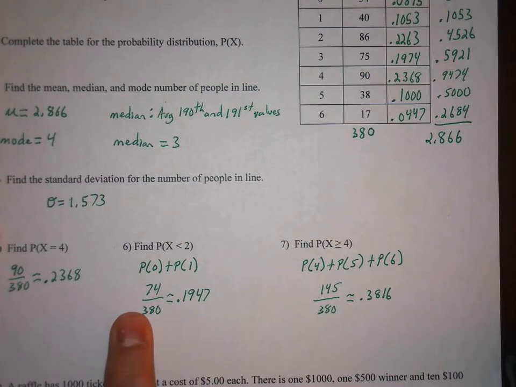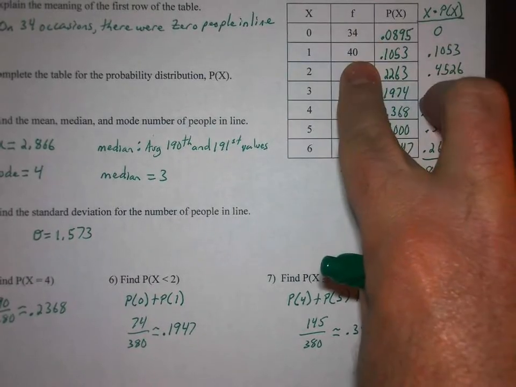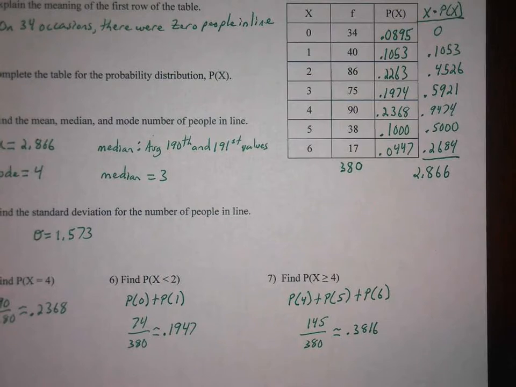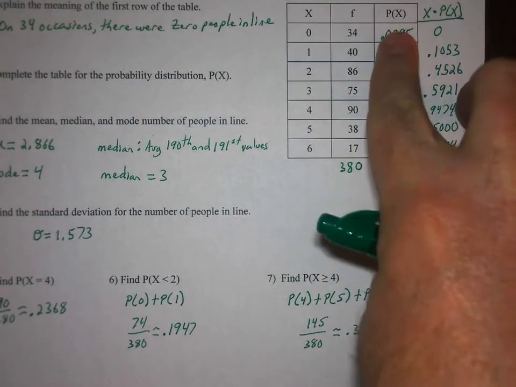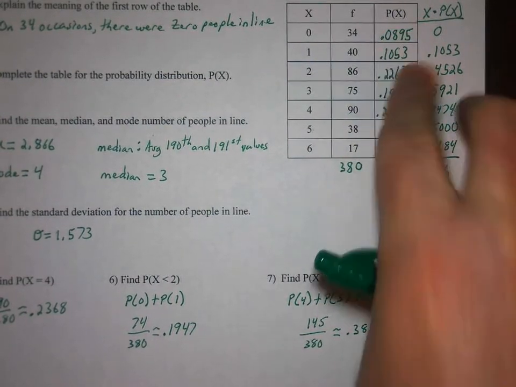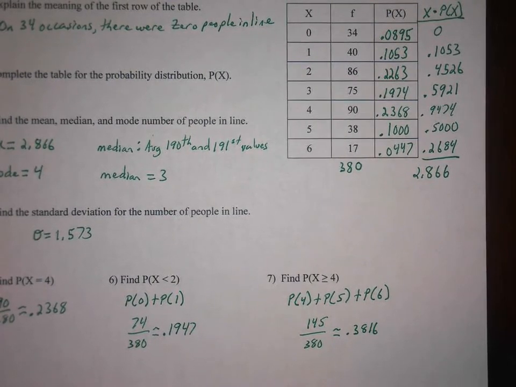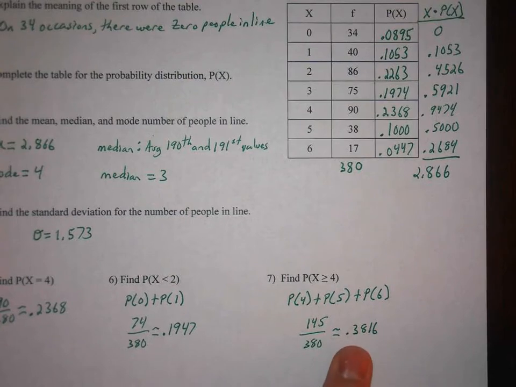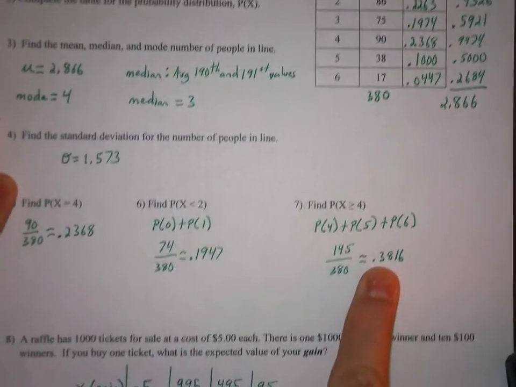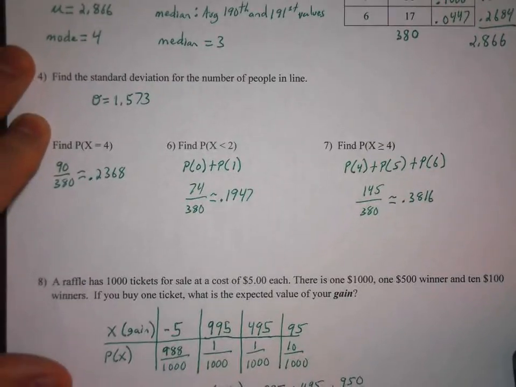And that was 74 out of 380. That's from adding 34 and 40. Now you could also just add the P of X column, the values in that. And because of rounding, it might be slightly different, but they should be very close to each other. Okay, and then number 7, 145 out of 380, or 0.3816.